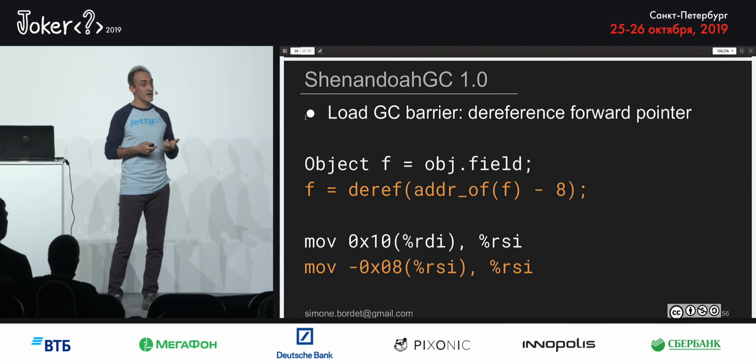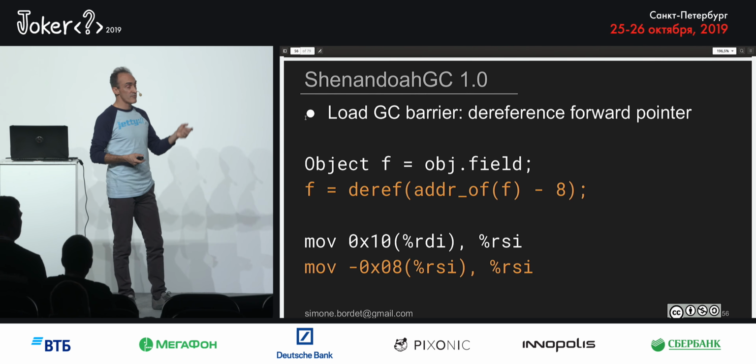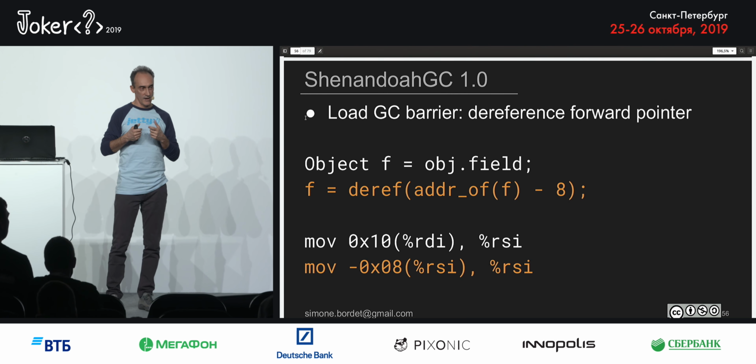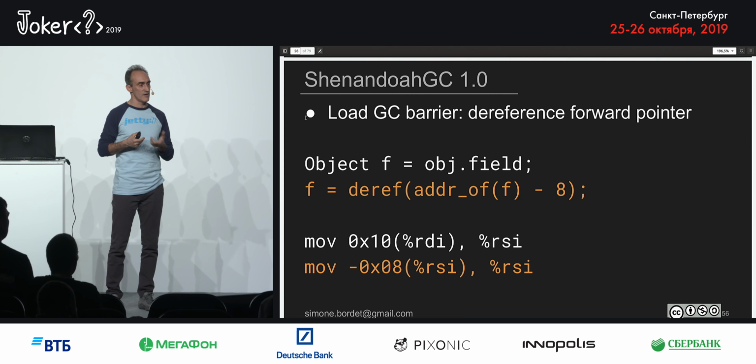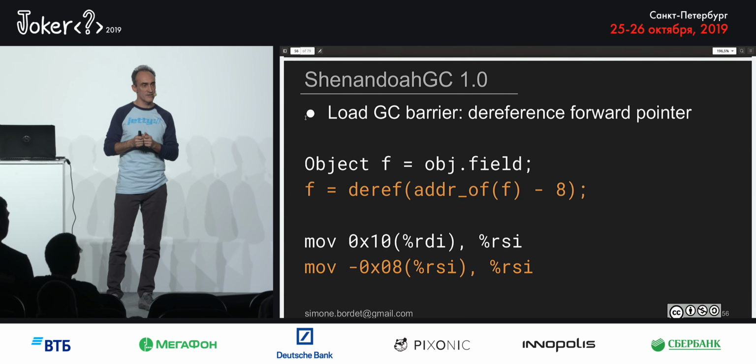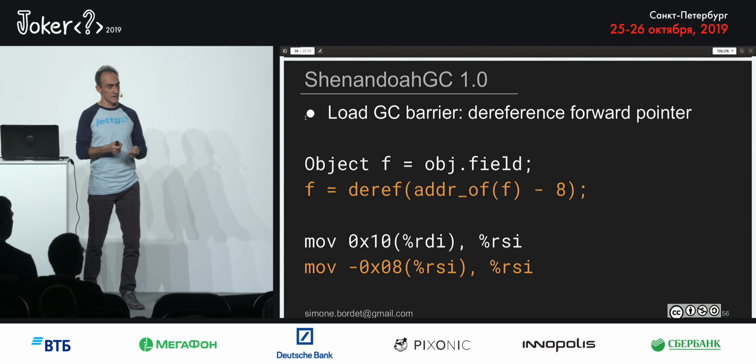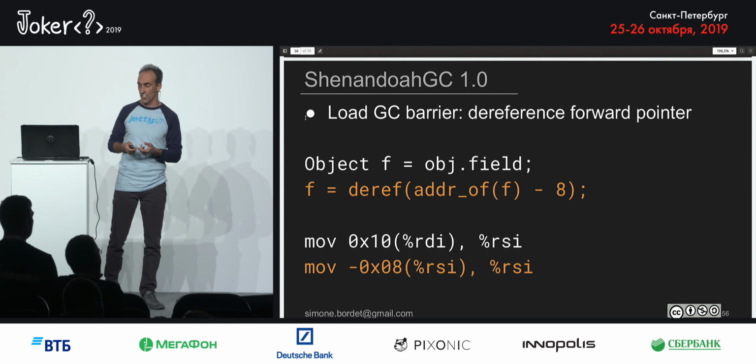So there are very, very good chances that if I move back 8 bytes, that information is already in the L1 cache. And therefore I will be able to find it immediately. And therefore, this barrier is very efficient again.